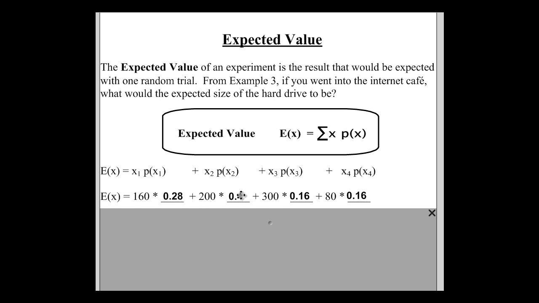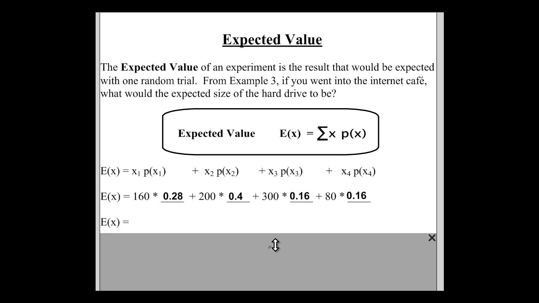It was 0.4 for probability, and then the 300 gig hard drive was 0.16 probability occurring, and then the 80 gig hard drive was 0.16 probability occurring. So each outcome is multiplied by its probability. Sum those up, and that's the expectation. It's kind of interesting.